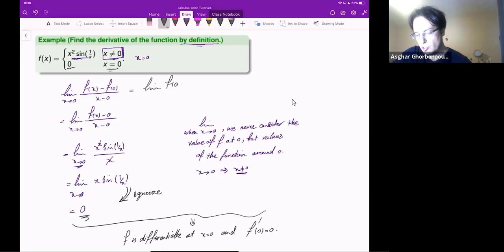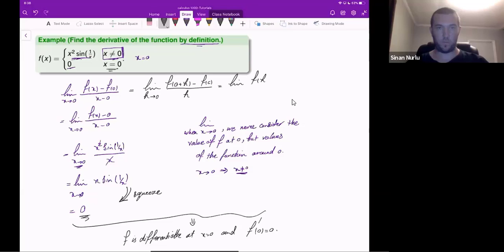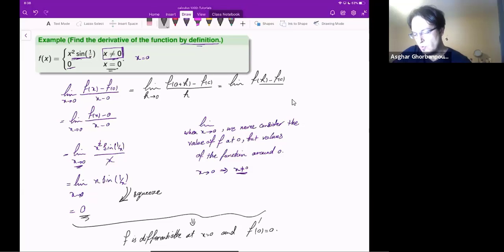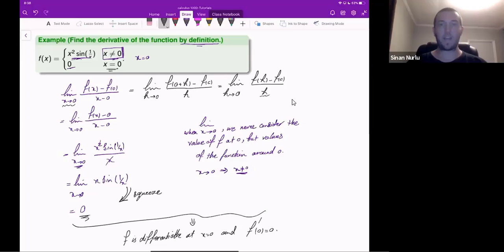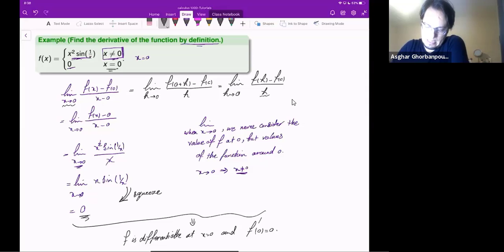See, 0 plus h minus f of 0 over h as h goes to 0. Well, that is the same thing as the limit of f of h minus f of 0 over h as h goes to 0. The only difference would be that instead of using x, I will be using h. I think it's clear, yeah. Okay.